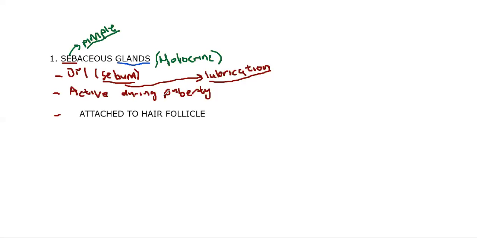I hope that makes sense. So that is all you have to know about sebaceous glands. They release oil, which is called sebum, right? They are active during puberty. They are attached to the hair follicle, right? And then you might ask yourself, why are they attached to the hair follicle?